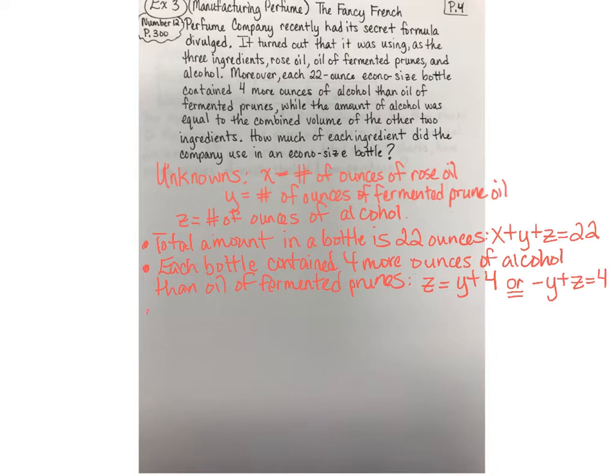Okay? And then we have another piece of information. It says that the amount of alcohol was equal to the combined volume of the other two ingredients.